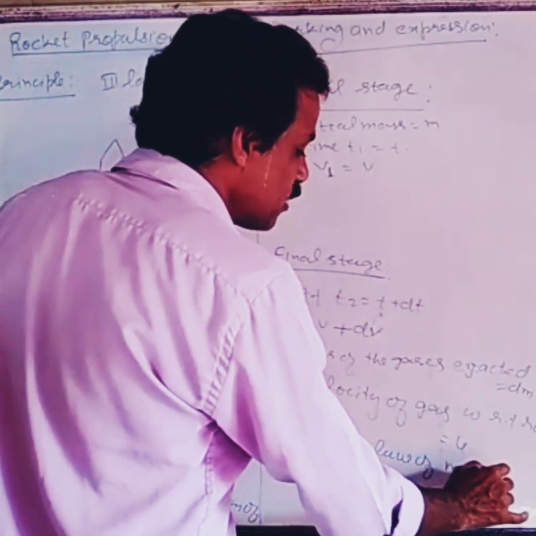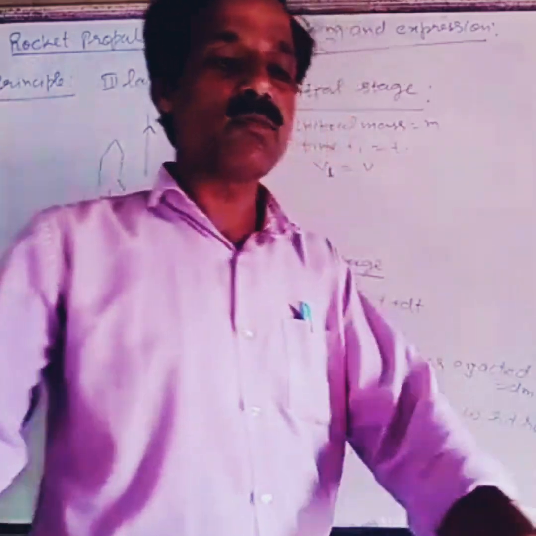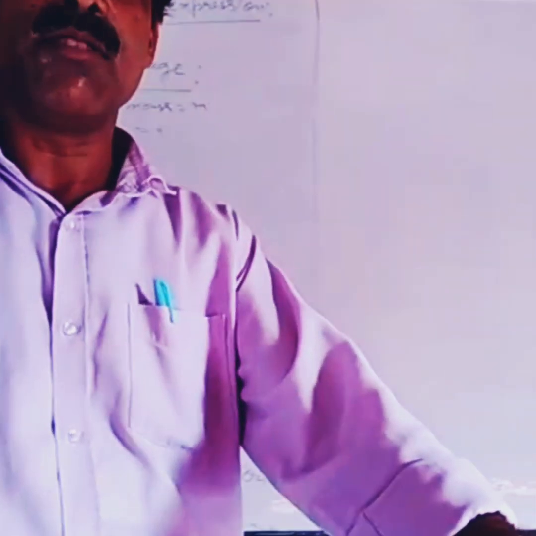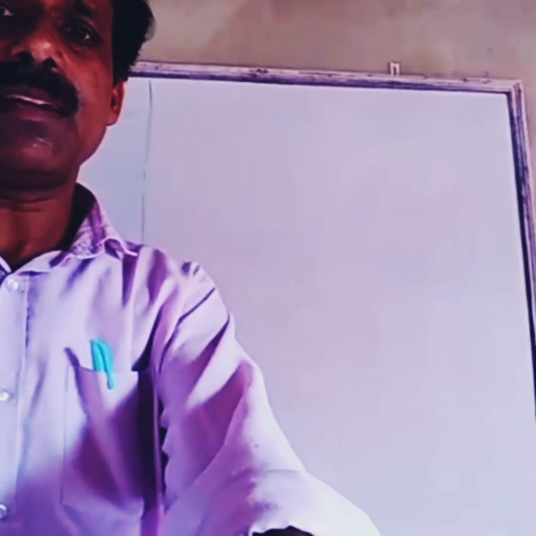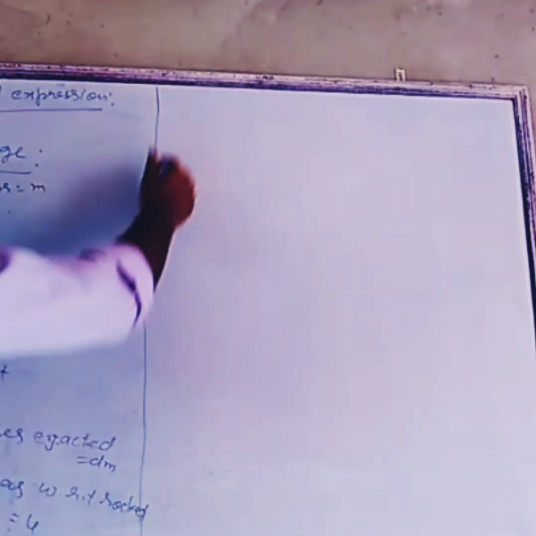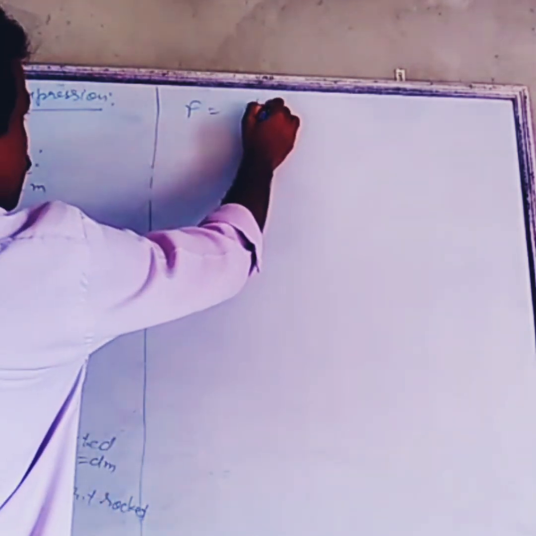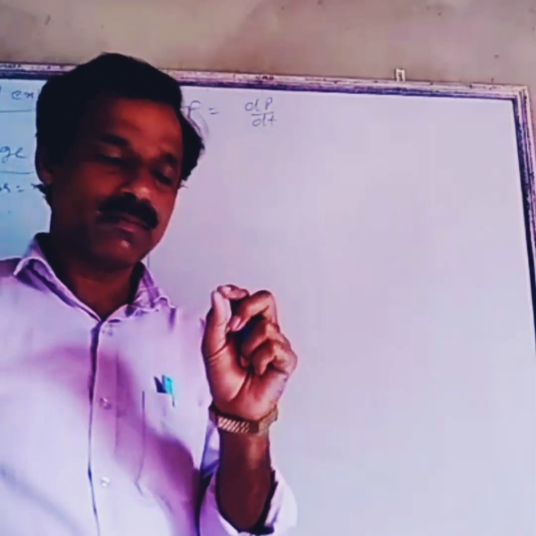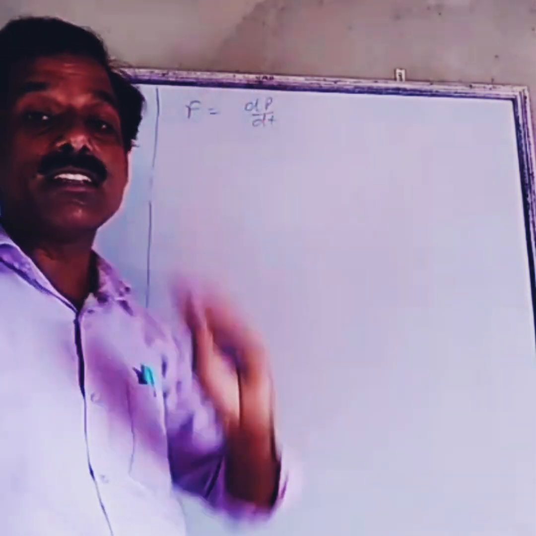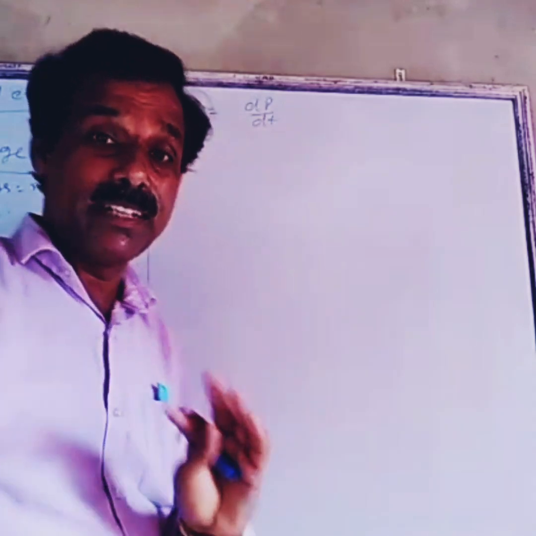Now by the second law of motion we will find out how much force is applied on the rocket. What is the force which is applied on the rocket? So F equals dp over dt. There are two kinds of change in the linear momentum.